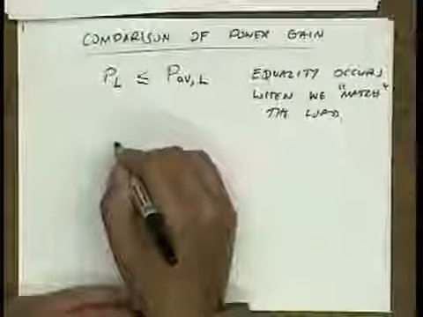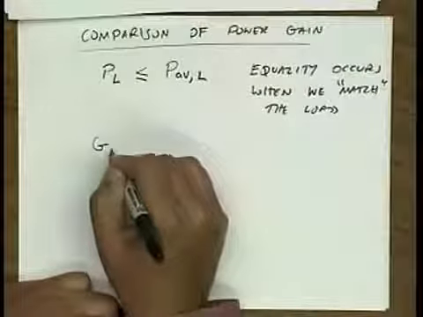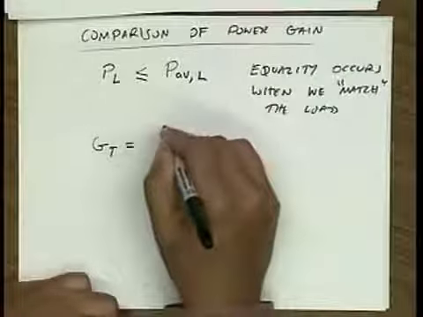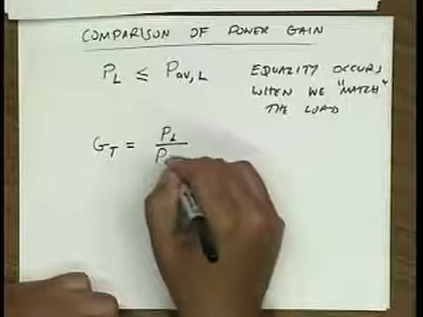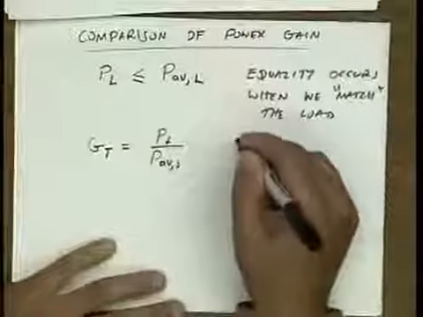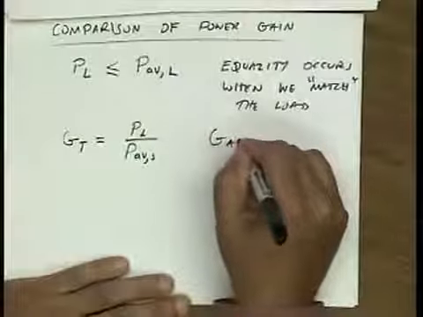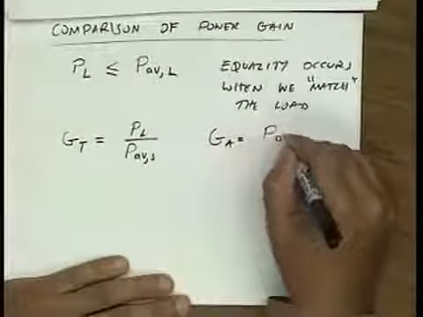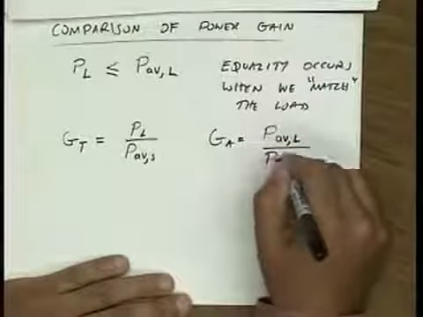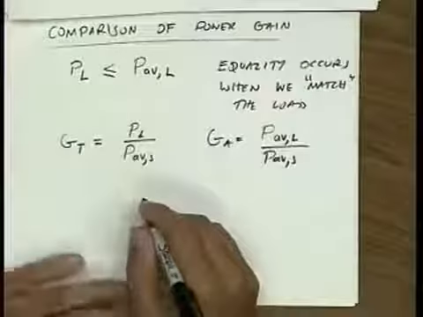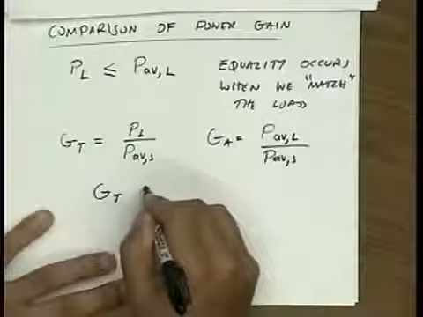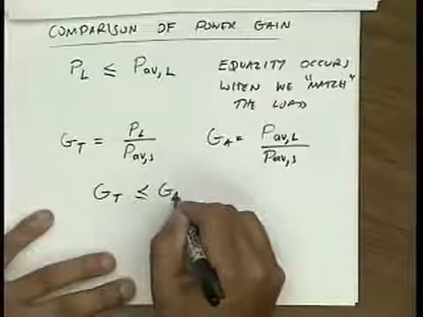That means that the transducer gain, so let's review. Transducer gain is the power at the load divided by the power available from the source. The available gain is the power available at the load divided by the power available at the source. In other words, GT is always less than or equal to GA.